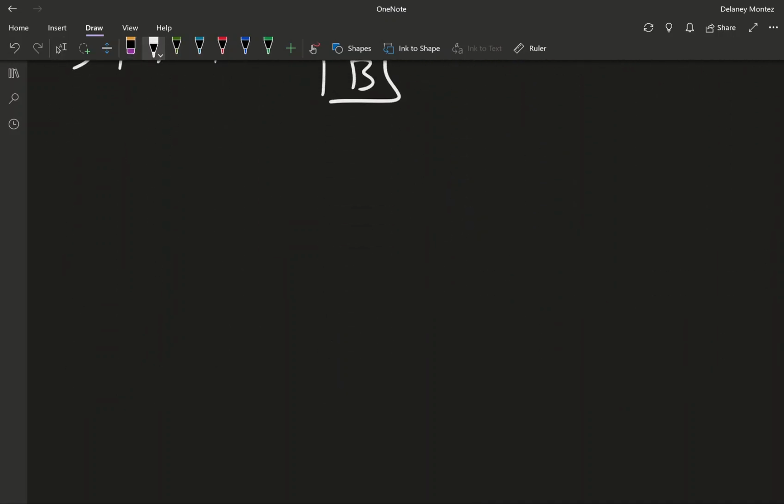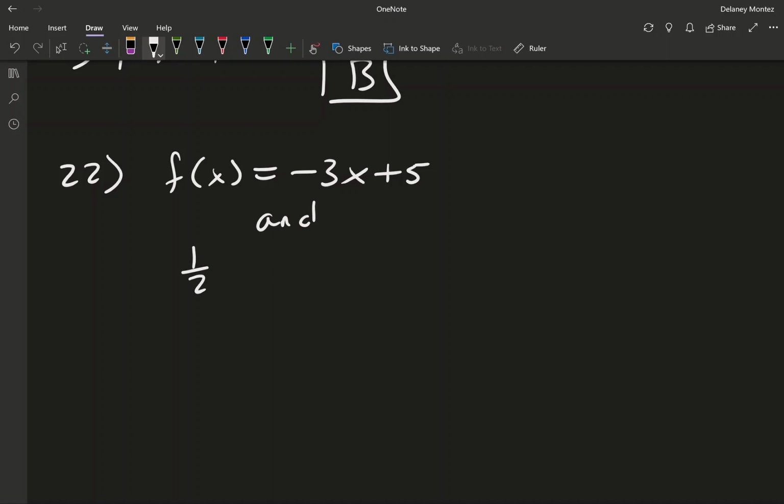Okay, so let's look at 22. 22 is f of x equals negative 3x plus 5, and we're given 1/2 of f of a equals 10. Find a.